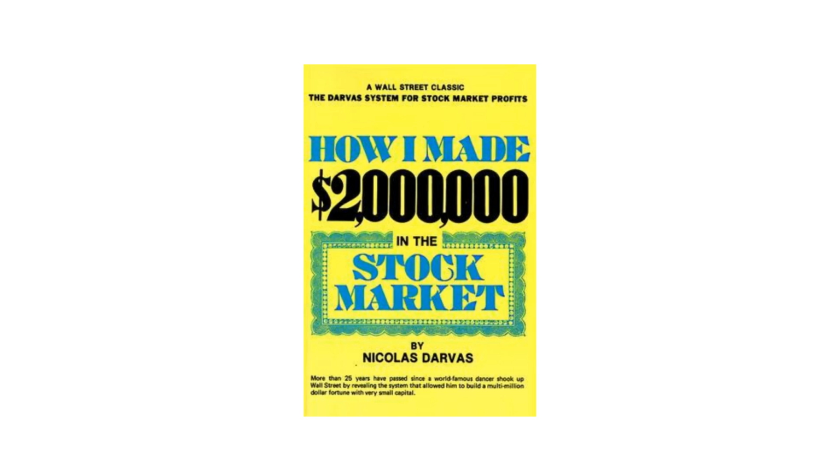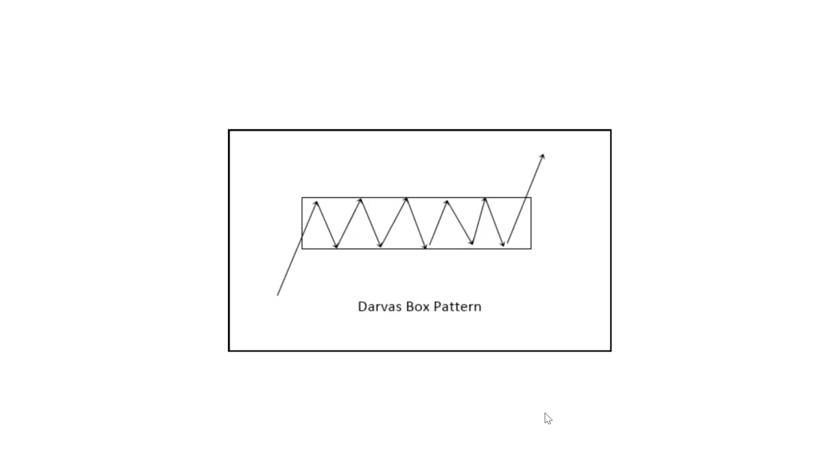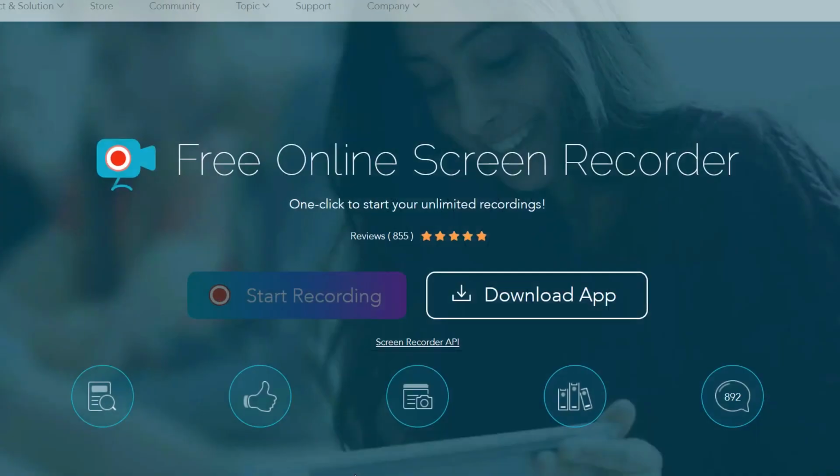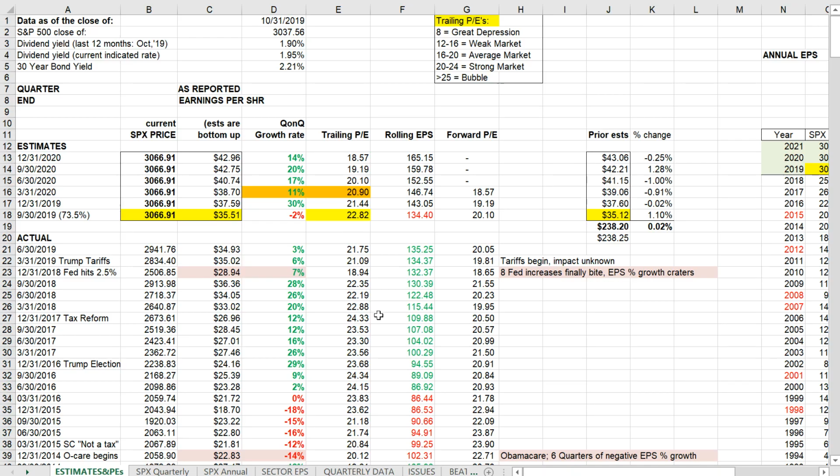My system in a nutshell is I look for technical patterns that look sort of like this. This is a bullish Darvas box pattern, and I try to avoid or short bearish Darvas box patterns that look like this. But part of my system is not only do I look technically, I also look at fundamentals, like sales and earnings.